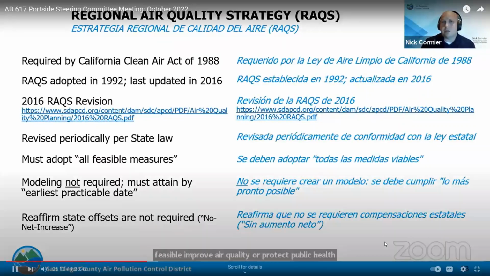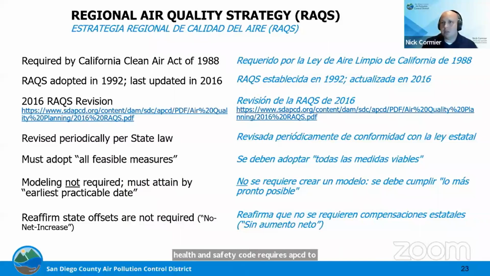Health and Safety Code requires APCD to consider and, if warranted, adopt all feasible measures that can reduce ozone-forming emissions from stationary sources under our regulatory authority. Individual measures included in the RAQS are evaluated and, if warranted, developed into proposed local rules through a public process. Each revision of the RAQS requires approval by the APCD Governing Board and submittal to CARB. Next slide, please.